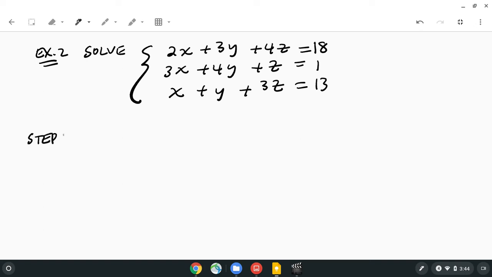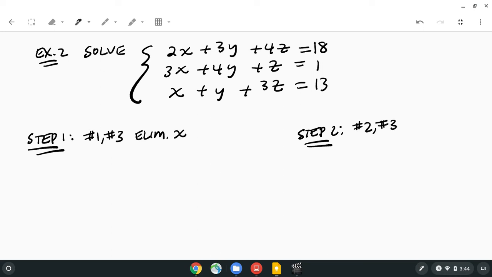We're going to eliminate the x's, so I will use the first one and the third one. Again, it doesn't matter which ones, so long as you eliminate x. And then for my second choice, I will use number 2 and number 3, again eliminating x.